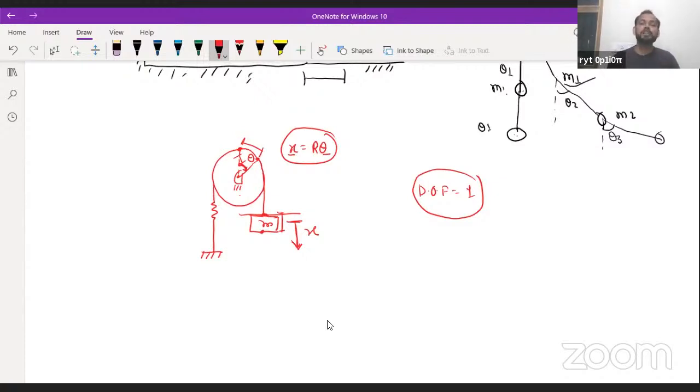The definition of degree of freedom is the number of independent coordinates. Because these 2 are dependent, there is only one independent coordinate. If you define x, you automatically get theta. If you define theta, you automatically get x. So either x or theta will be the coordinate for the system. Is it okay? I hope there is no doubt. Fine.